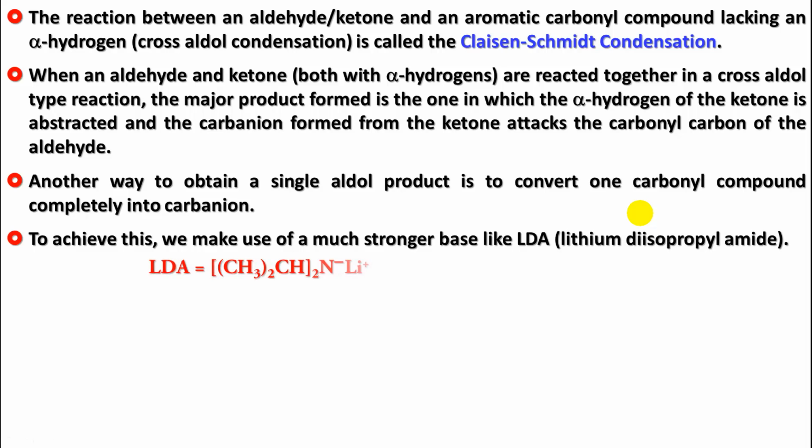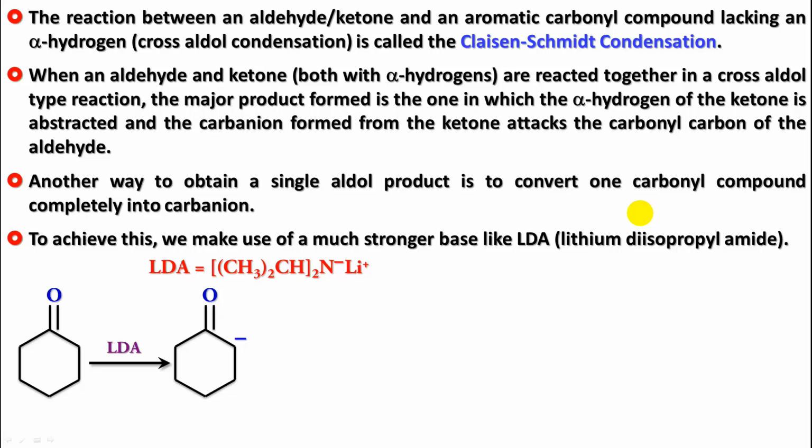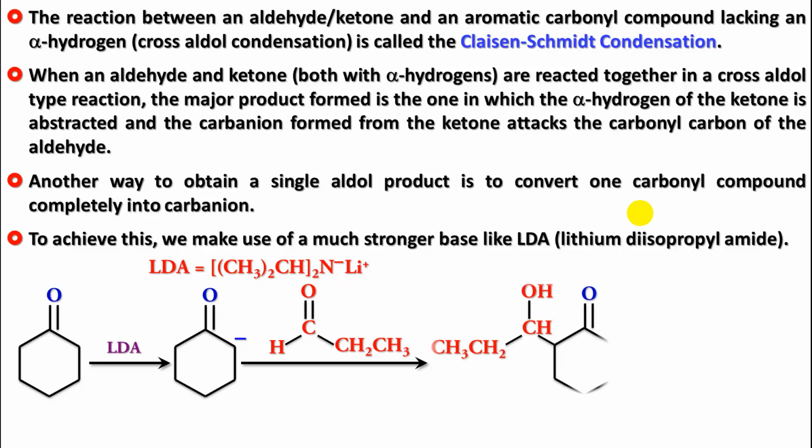This is LDA, lithium diisopropyl. There are two isopropyl groups on the nitrogen, amide. For example, if I take a ketone and add LDA to this, the entire ketone becomes carbon anion. Now I add the other carbonyl compound. In this case, I'm adding the aldehyde, and you get the aldol product here, exclusively a single product.